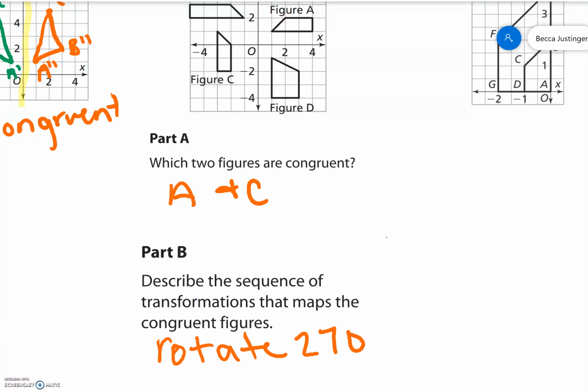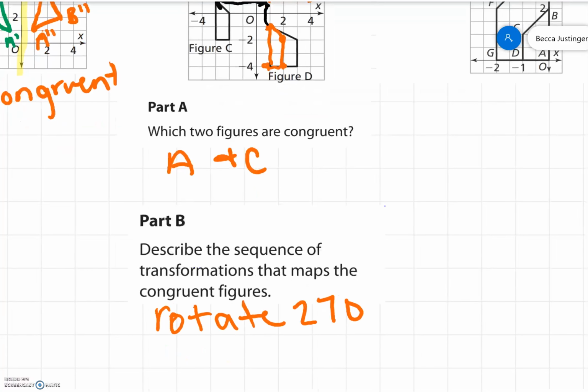So this point 1, 1, remember we switch x, y, that would be here. 2, 2 is here. So that's 1, 1, 2, 2. This is 4, 2 becomes 2, 4. And 4, 1 becomes 1, 4. So here's my new figure. Now it's facing the same way as figure C. So I just need to move it up and over.